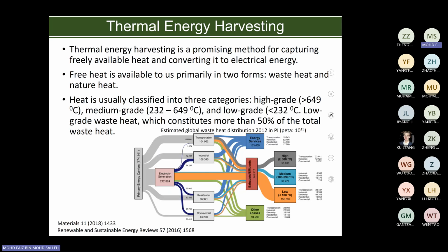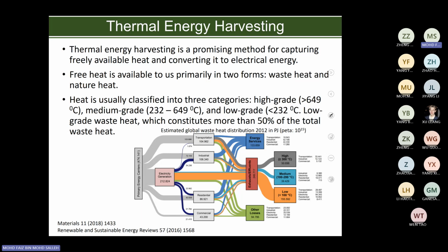Okay, one more thing, the heat. If you see here, this is base 2005, and this number is petajoule, 10 power of 15. This line shows the waste heat that we produce, and we divide it into low, medium, and high. In this case, they categorize low as less than 100 degrees, medium as up to around 300 degrees, and high as more than 300.